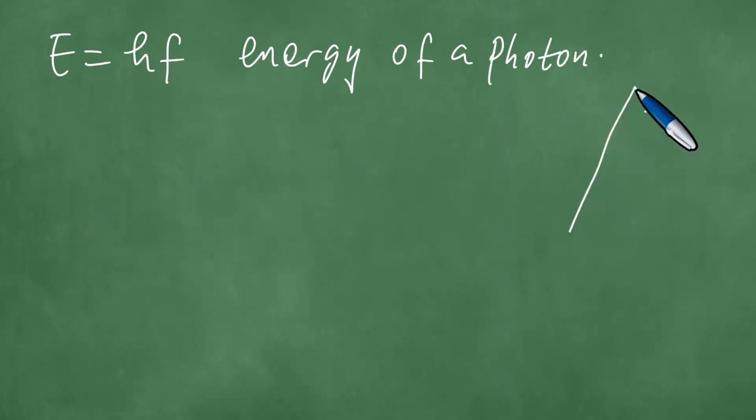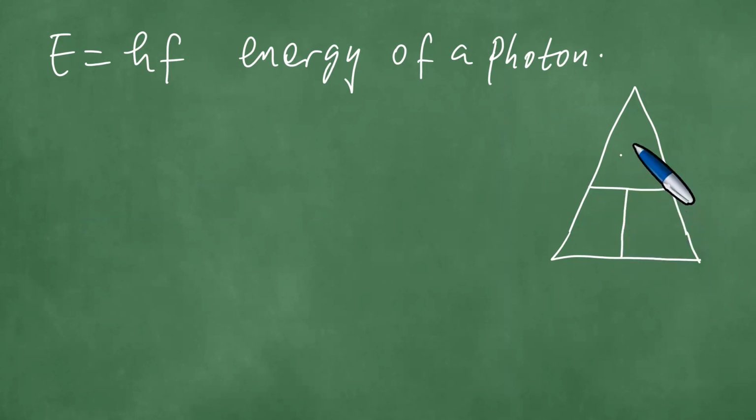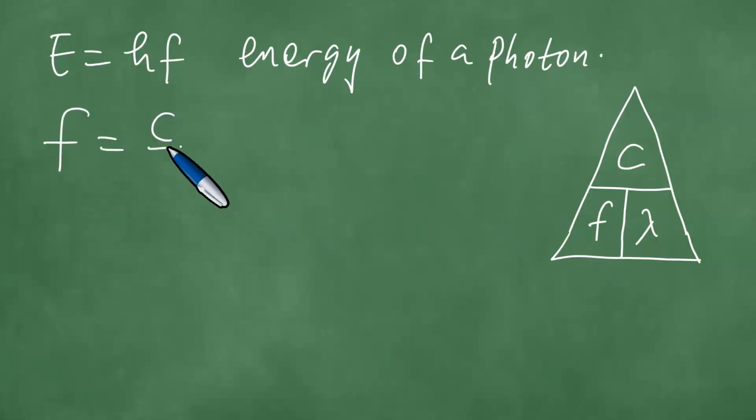Now, C equals F lambda. What is the formula for the frequency? Luyanda, F is equal to what? Yes, F equals C over lambda.